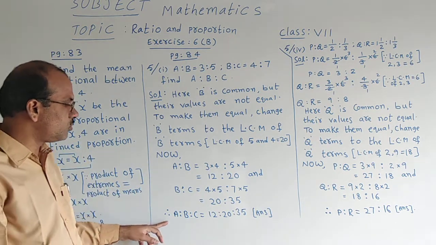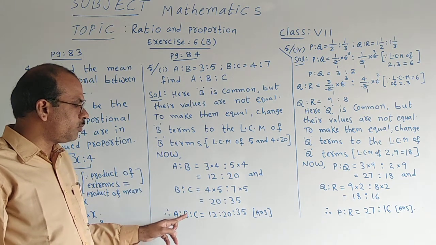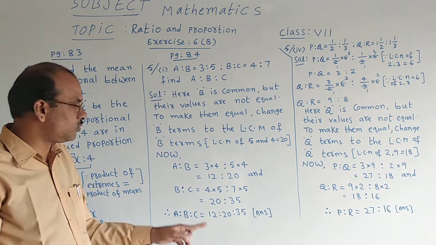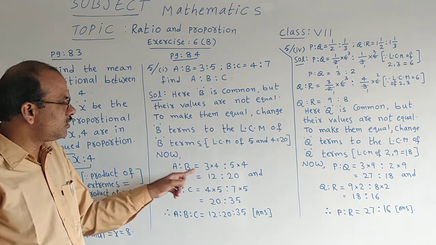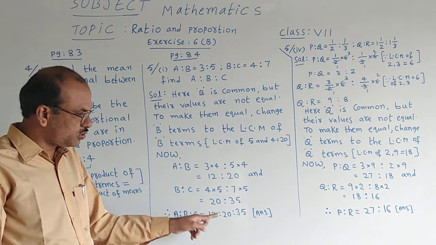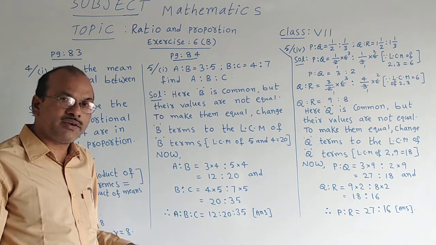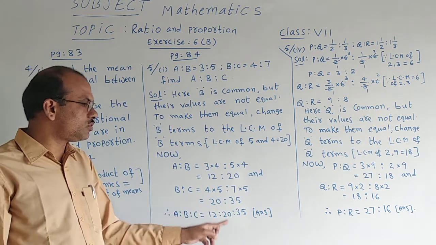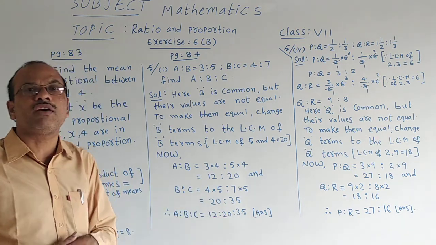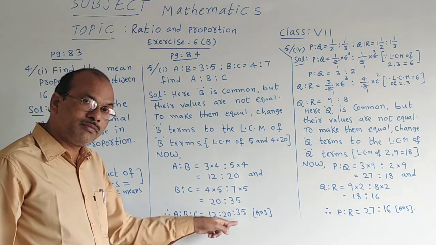Finally we have to write what they have asked. That is A is to B is to C is equal to the A value 12 is to the B value 20 in both the cases, and the C value is 35. So 12 is to 20 is to 35 we have got. Finally, is there any common table to cancel them?